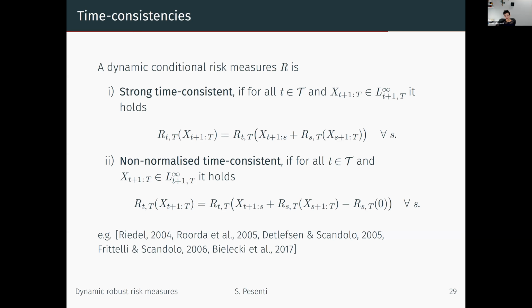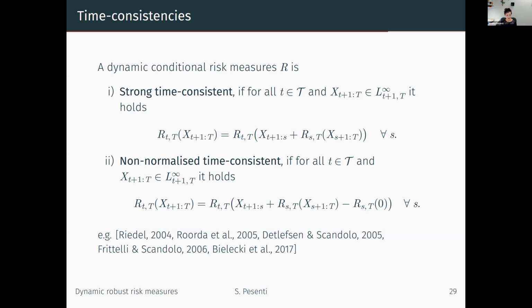So for example, if you want to have a dynamic coherent risk measure, that is a robust dynamic coherent risk measure, then we should choose uncertainty sets that have these properties. So this is a way to address it, but it's not a constructive way. I hope that answers some direction of the question.